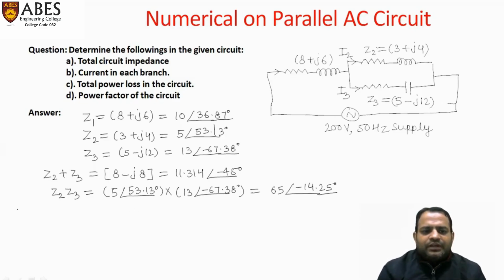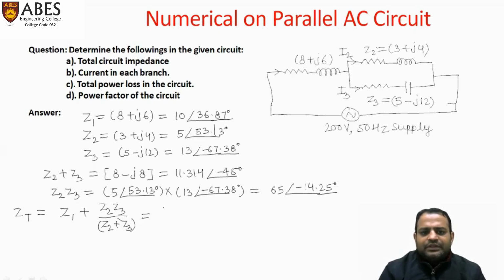So now we are calculating Z total. So what would be the Z total? Z1 plus parallel combination of Z2, Z3, which is Z2 Z3 upon Z2 plus Z3.